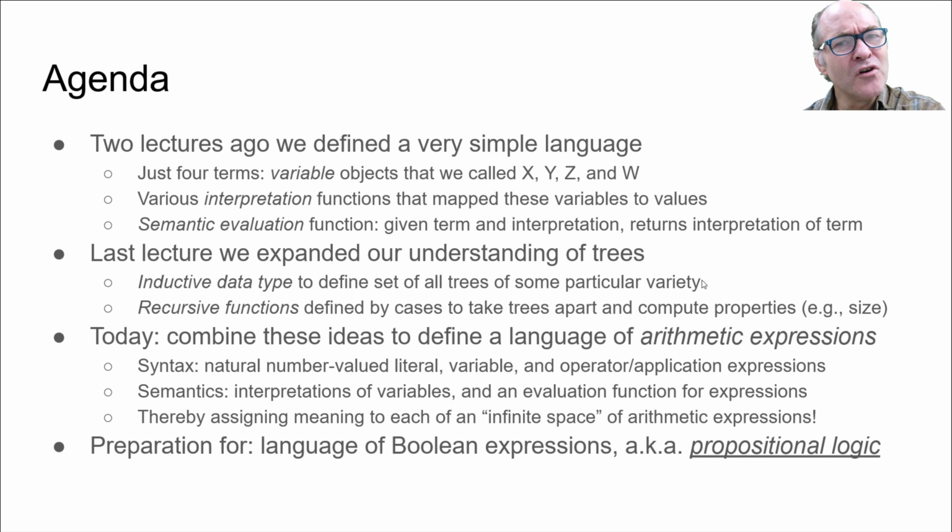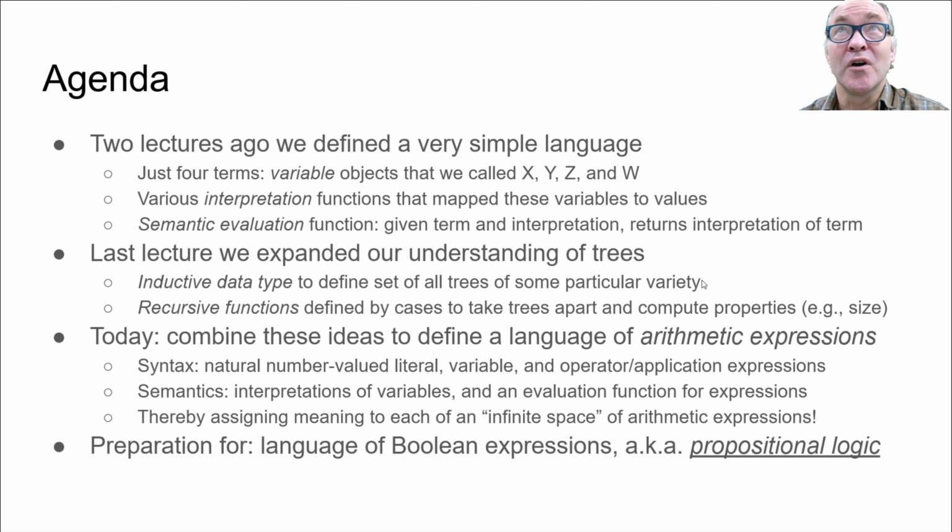It's not actually true if the domain to which we map these variable objects is Booleans, right? There's only 2 possible ways to map x to a Boolean value. X either goes to true or x maps to false. So there's only 2 possibilities with one variable. If we have 2 variables, x and y, for each possible value of x, there's 2 possible values of y, so there's 2 possible values for x.